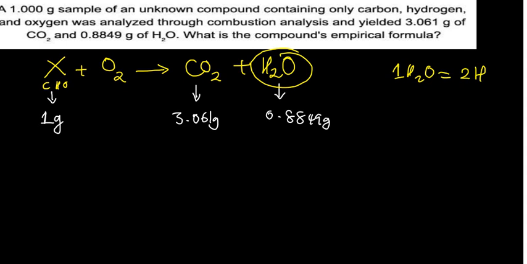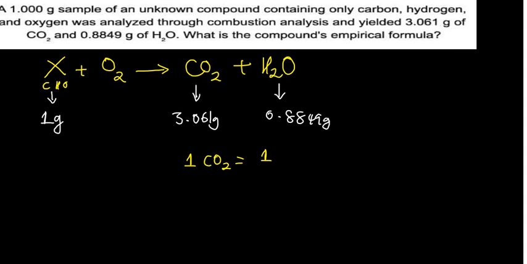Does that make sense first before I proceed? Let me say it again. If you look at carbon dioxide, when you have one carbon dioxide, it means you have one carbon.